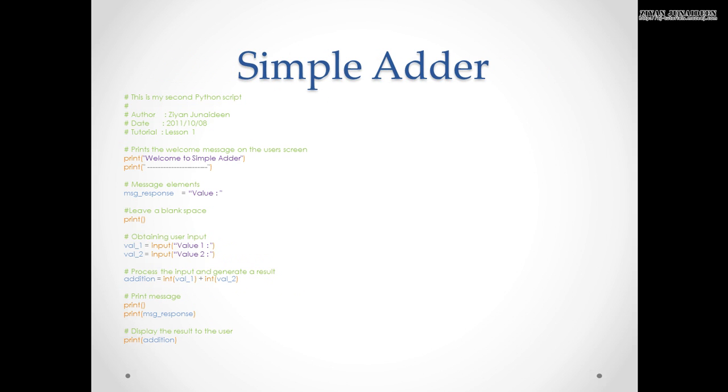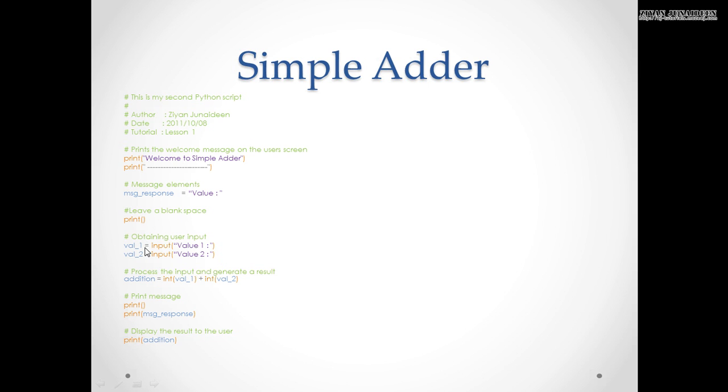There's another program which I call a simple adder that you can look into, and apart from what we discussed in the last slide, it will use two input statements and a bit of integer casting to generate the addition of two user inputs. So the user will give two values.